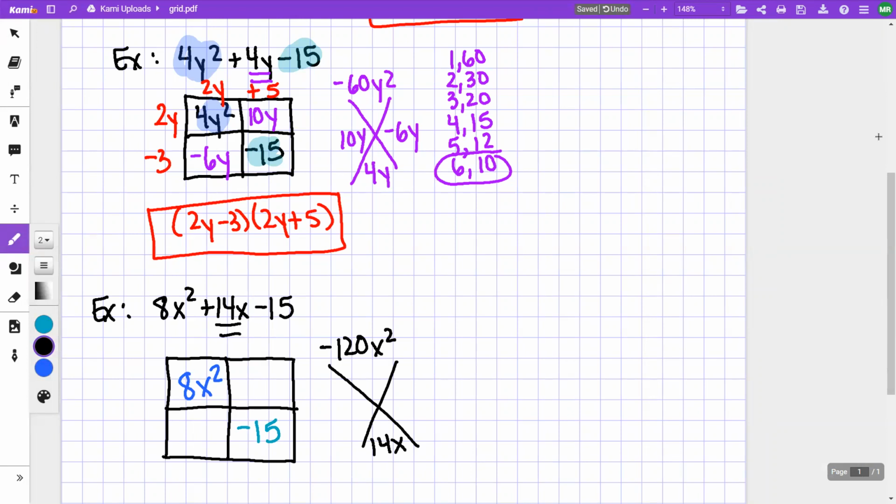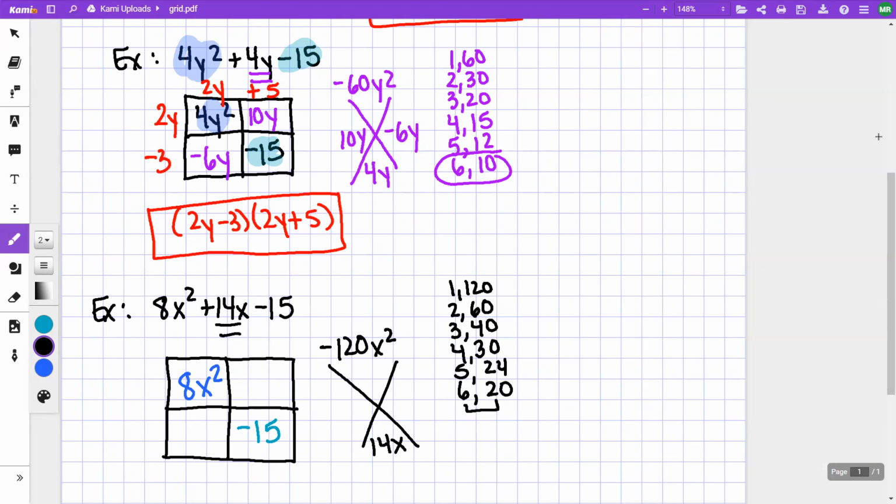Now this is a negative 120, so I'm really having a difference of 14. So 1 and 120, 2 and 60, 3 and 40, 4 and 30, trying to get a difference of 14. 5 is going to go into it 24 times. 6 is going to go into it 20 times.